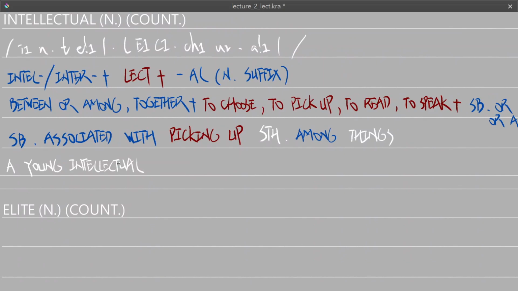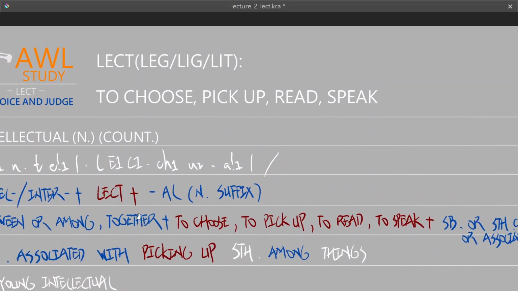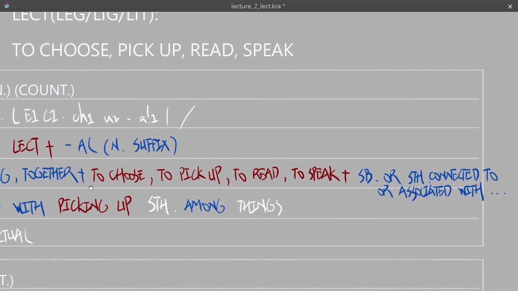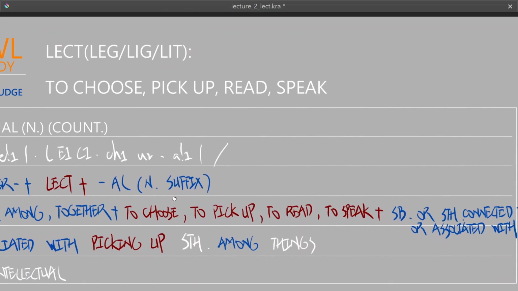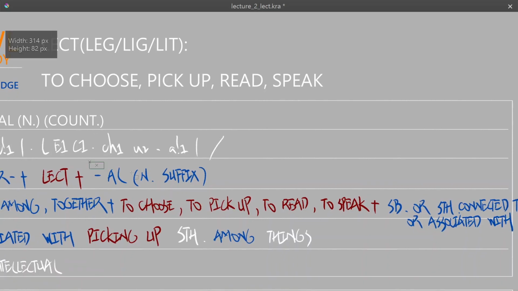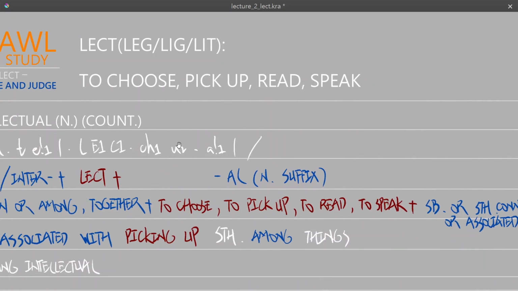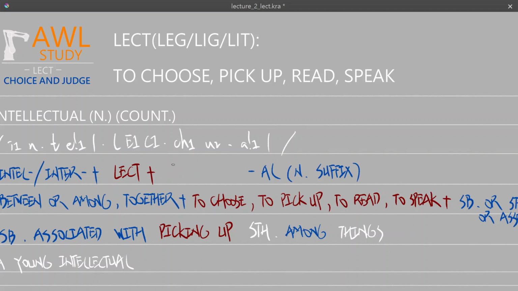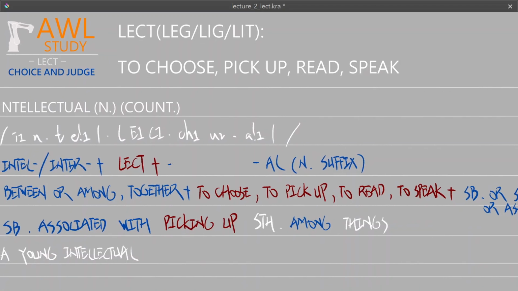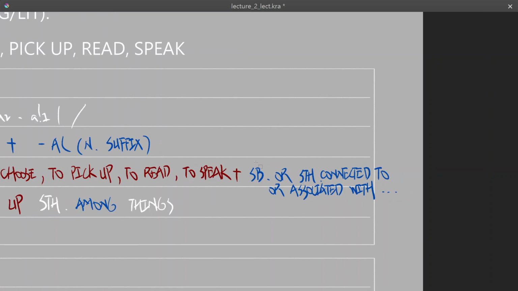Now let's explore more. Whoops, I forgot one thing. We have the suffix us. It is a noun suffix. So let me fix it.